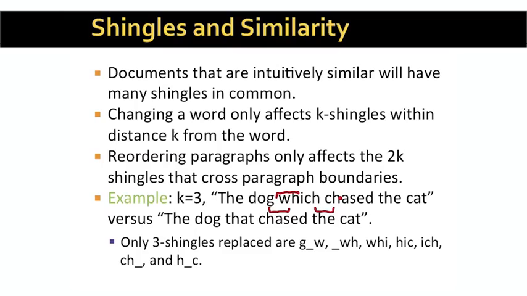These are replaced by 6 different shingles, G blank T, blank TH, and so on up to T blank C. However, all shingles other than these remain the same in the 2 sentences.